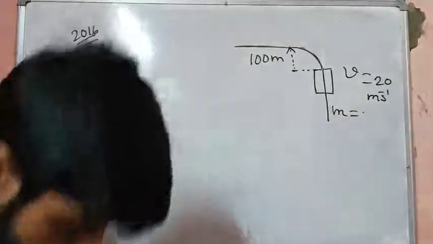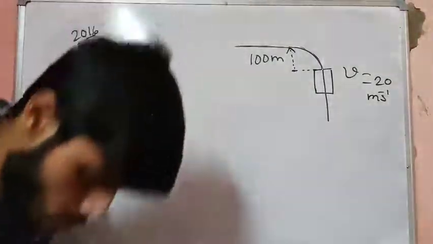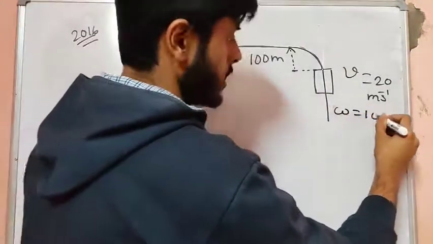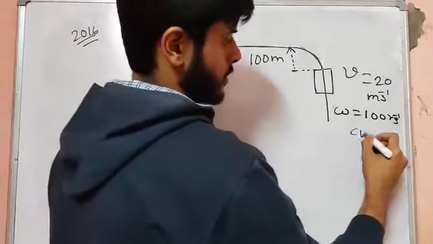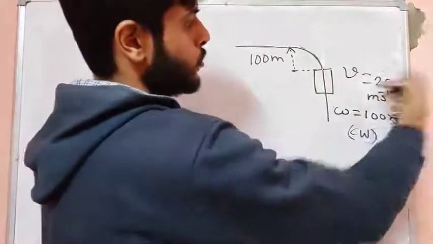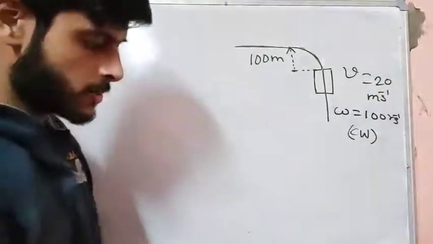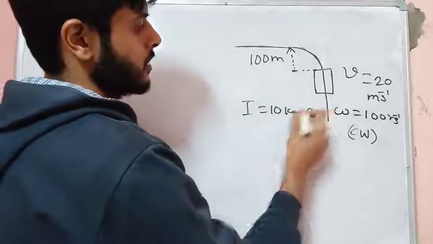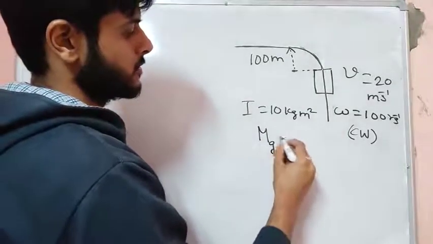The wheels of the car are rotating at an angular velocity of 100 radian per second, clockwise if we look from this direction. The moment of inertia is given as 10 kg meter square.